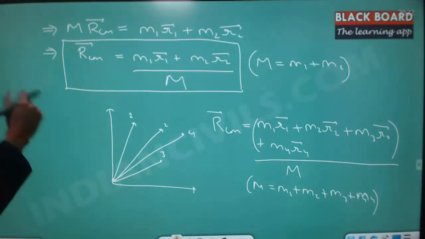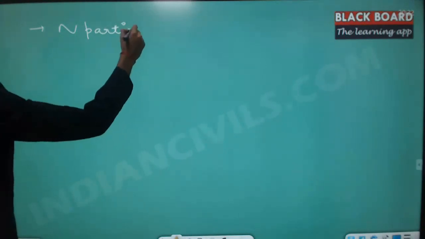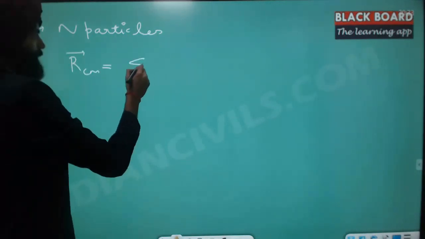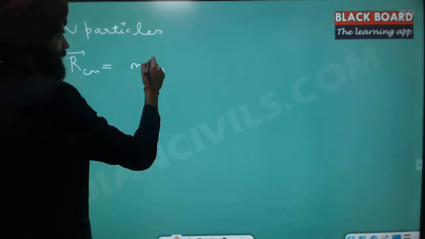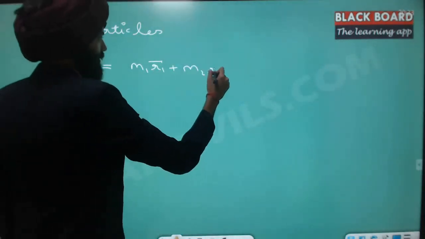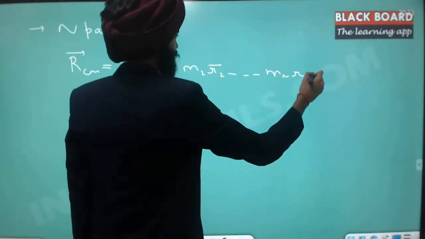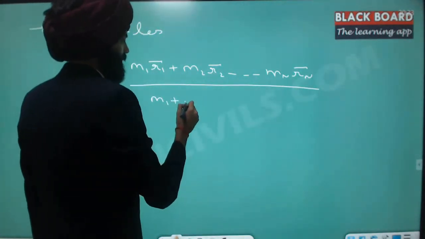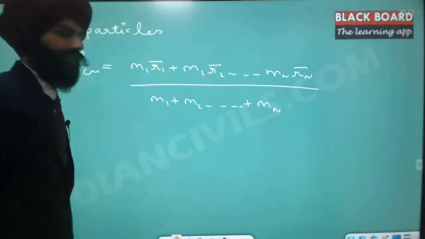All right. Similarly, if we have n number of particles, if there are n particles, the general expression for the center of mass becomes, let's start with the easier way, m1 r1 plus m2 r2 till mn rn divided by m1 plus m2 plus till mn.